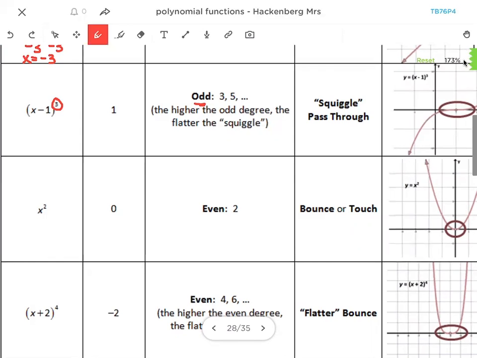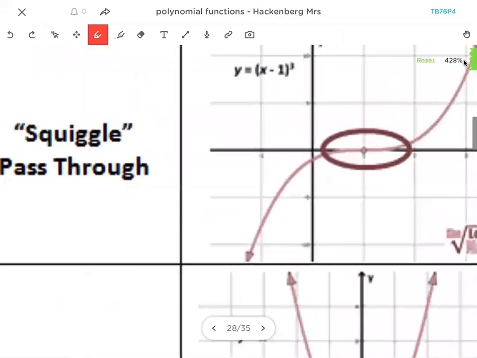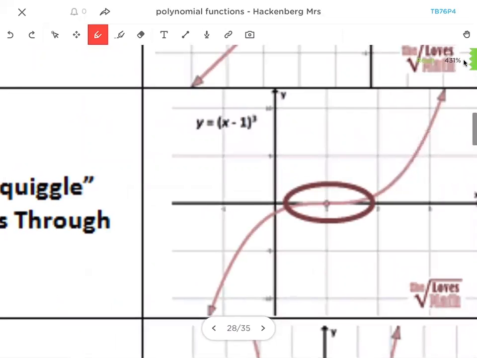You can see here it says the higher the odd degree, the flatter the squiggle. So it's passing through the x-axis at 1, but because it has a degree 3, it's going to pass through and then continue on upward. The higher the odd degree, the flatter it's going to be.